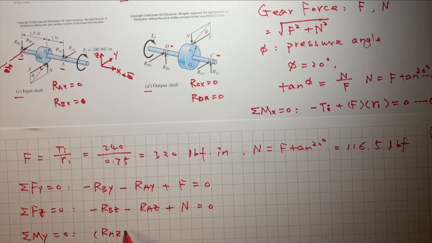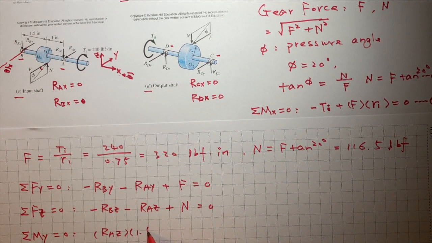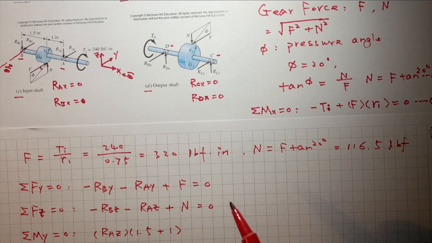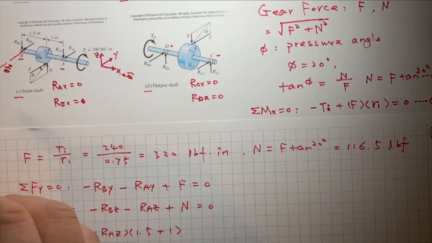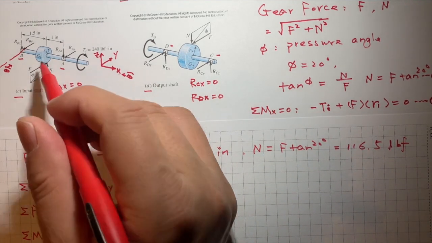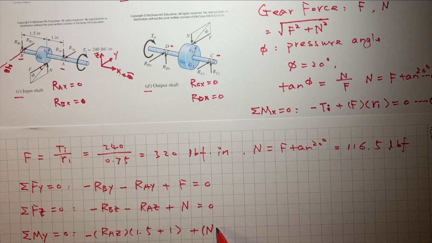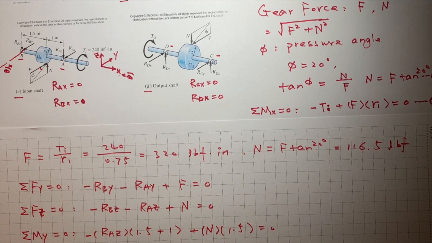RAZ times the distance, 1.5 plus 1 inch, 2.5, and the direction will be negative, clockwise. And N is going to produce a positive, counterclockwise moment, N times 1.5 equals 0.